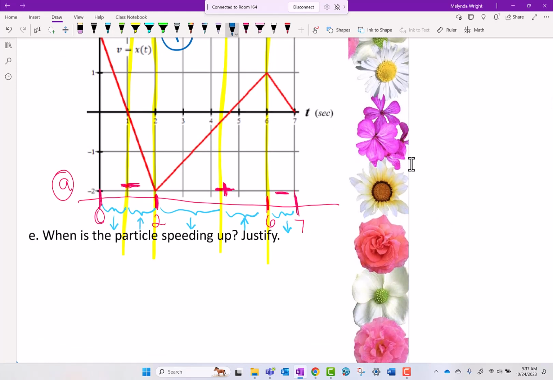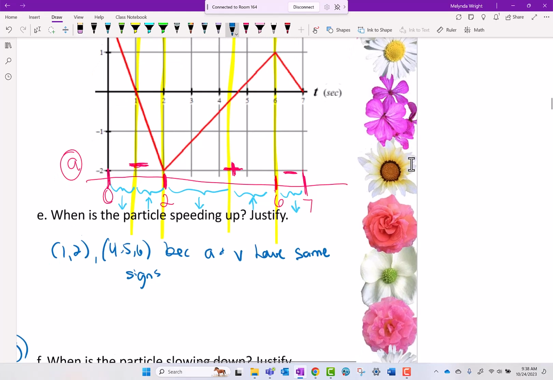So let's do our results. Speeding up is between 1 and 2. Where else are we speeding up? Between 4.5 and 6. And that's the only two, right? Those are the two speeding up, because acceleration and velocity have the same signs. Now, if you actually say what the sign is, you're going to have to do a justification for each one of those. So I recommend you just say they have the same signs.